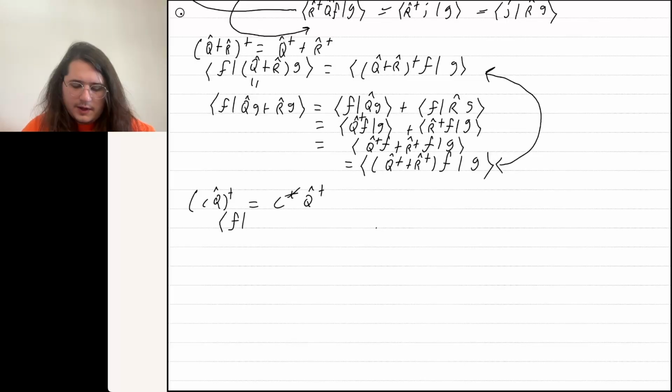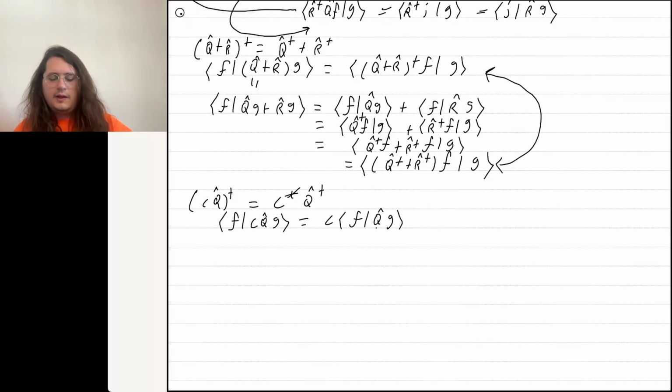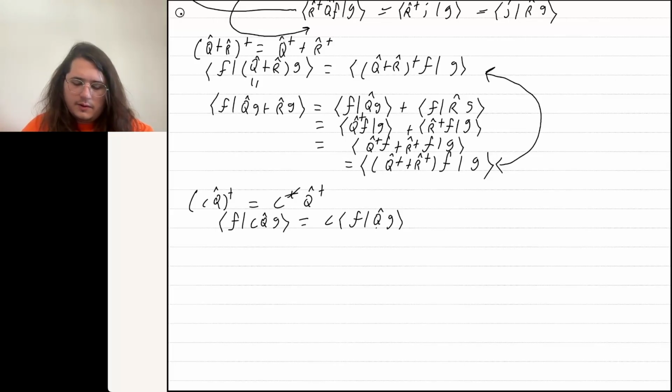So writing it out, it's F with CQ acting on G. And you can just move the C out of the inner product because it is just a complex number. So you can instead call it F inner product with QG with a C on the outside, which is going to be equal to C Q dagger acting on F with G.